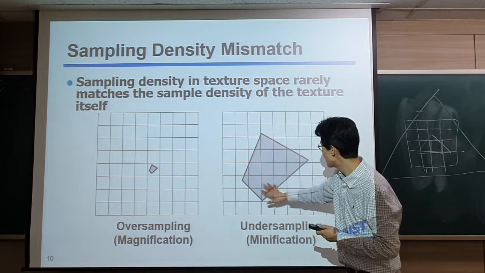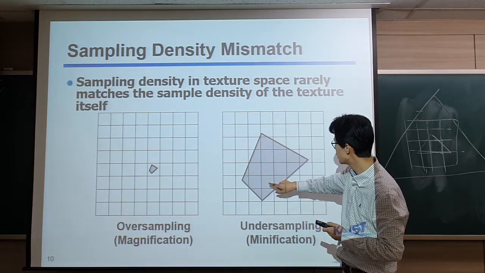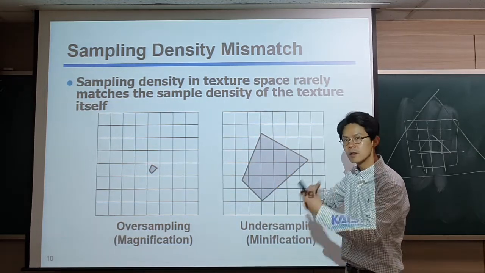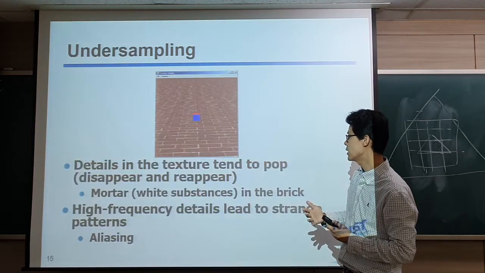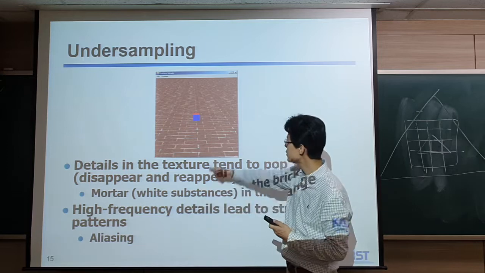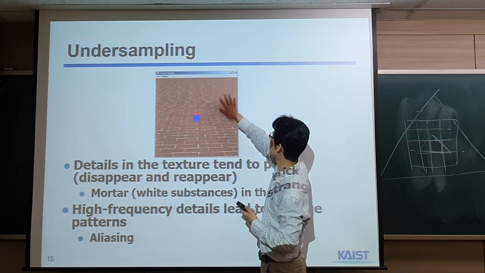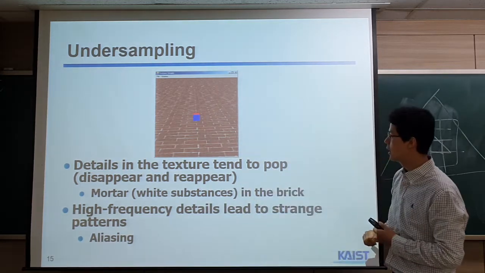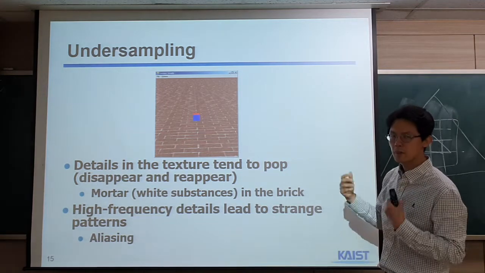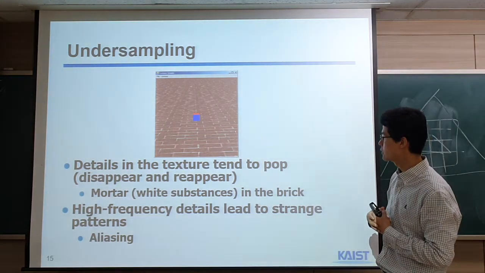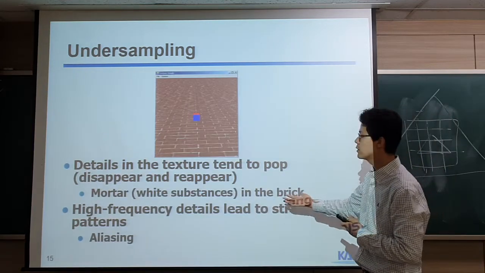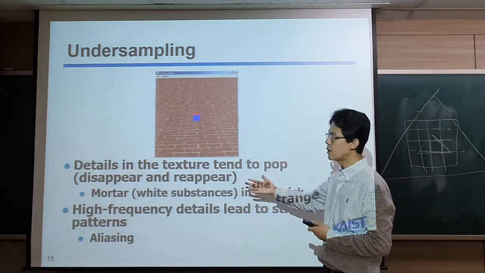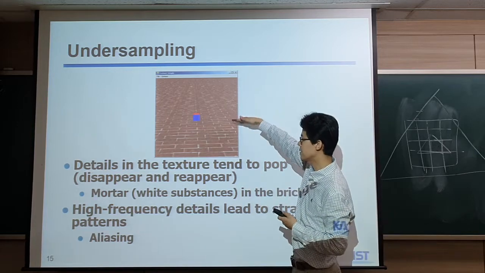I mean, even though there are maybe 10, we only pick one of them in a particular way. That's what makes the undersampling, which leads to the aliasing issue. That's why it makes the very odd pattern. Basically, we don't want that kind of aliasing issue.